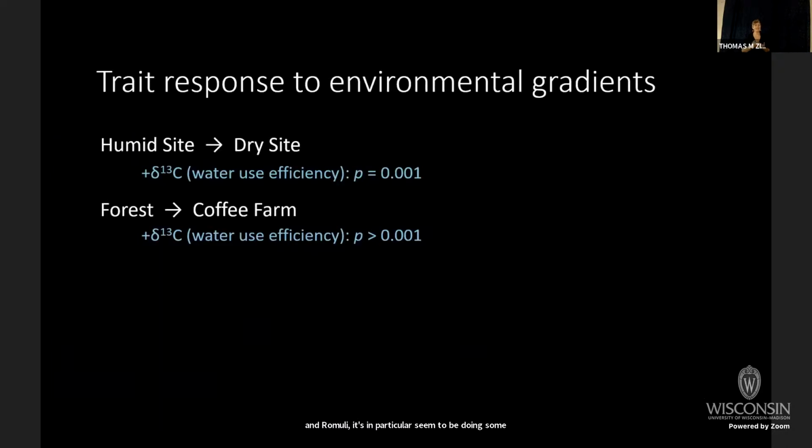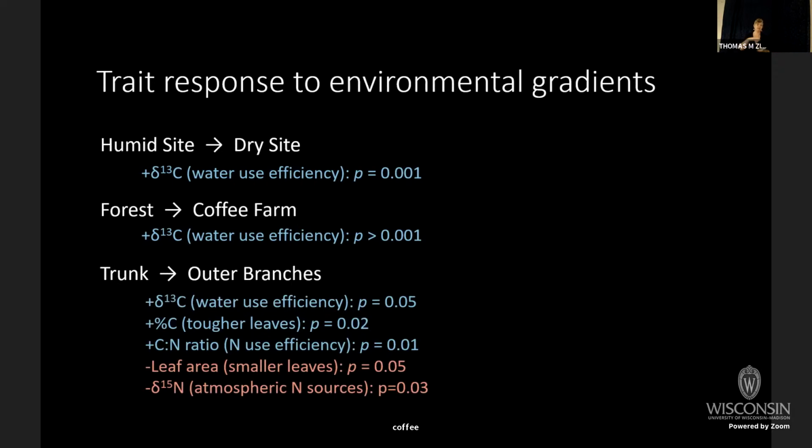But we found that traits respond to the environmental gradients within these farms. The humid site had plants that were less water use efficient than the drier site, and the same thing moving from the forest to the coffee farm. Species that were more likely to be found in the forest had lower water use efficiency than species that were more likely to be found in the coffee farm.